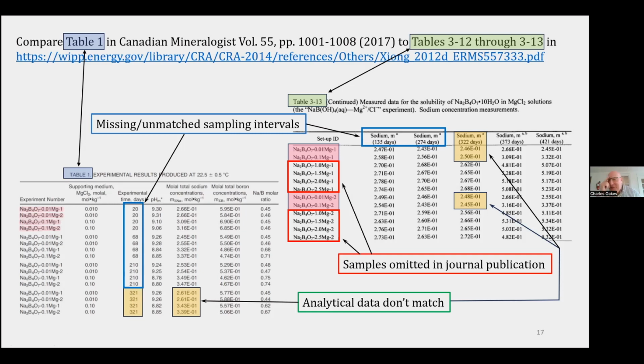What did you do? The only sampling interval that is actually similar is the 322-day sampling interval, and over here you've got a 321. Well, I've been told that if you started sampling on the 321st day and continued sampling into the second day, sometimes they'd write down 321, and in other cases, they'd write down 322.